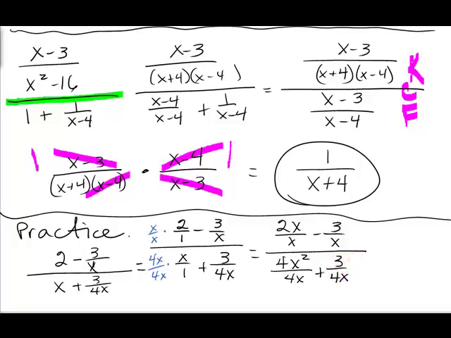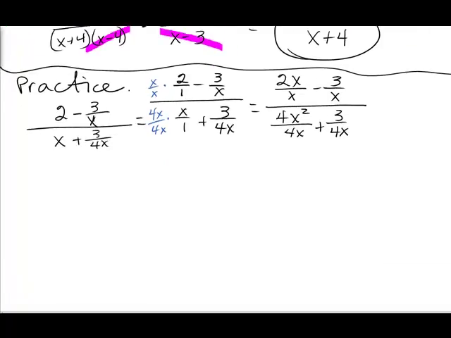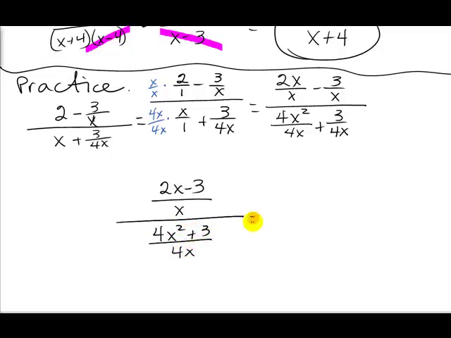Then we're going to take and put those together. We're going to go ahead and do the subtracting and the adding so that we'll have one fraction. Then we can do our keep, change, flip.